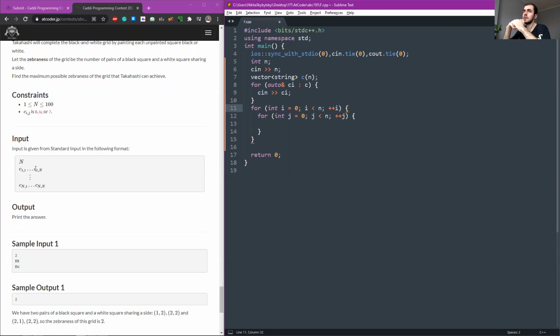The problem why we can't do it with DP is because it kind of goes row by row. But each row can be completely question marks, and we're going to have 2 to the power of 100 states, which is completely unfeasible.